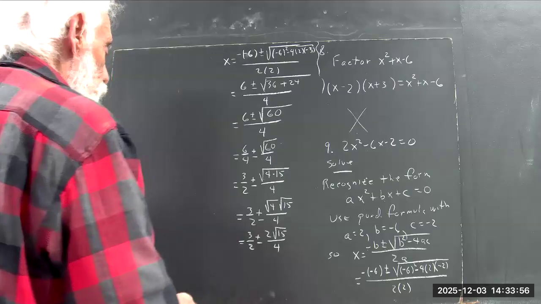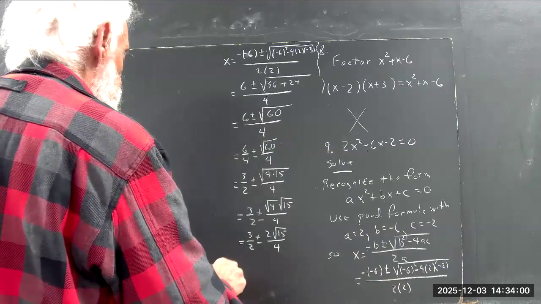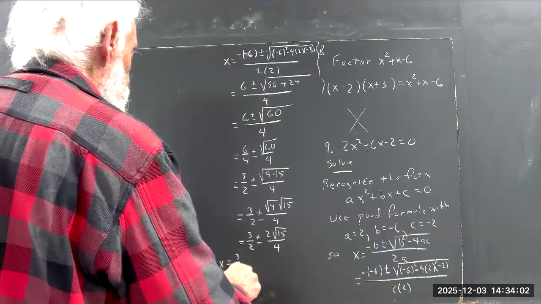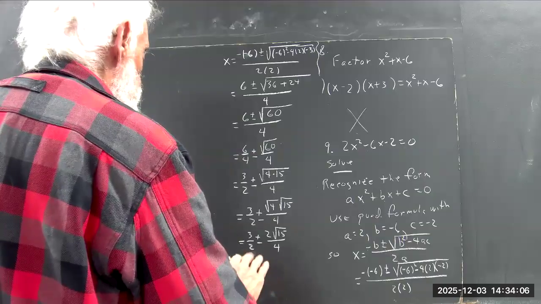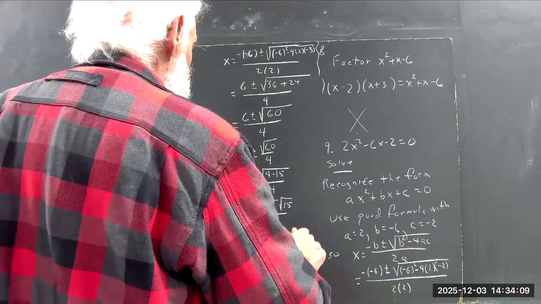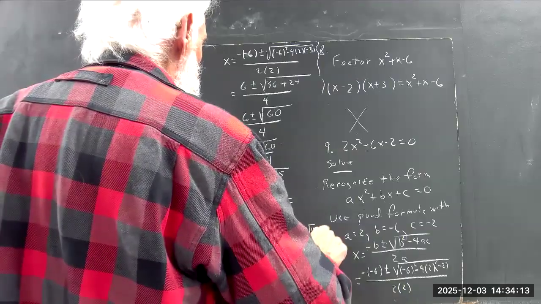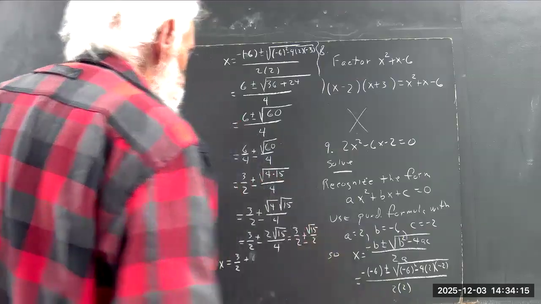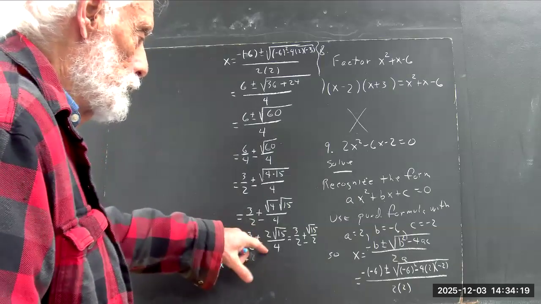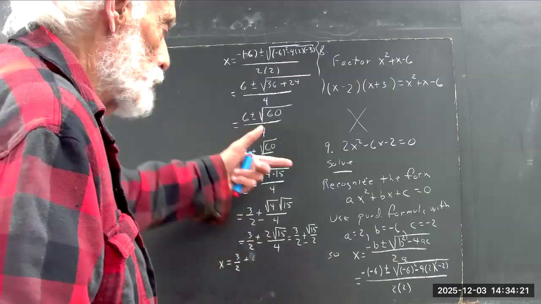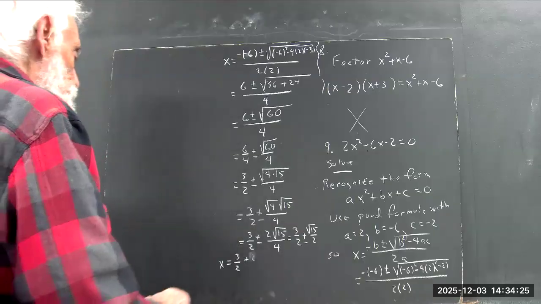And there's our answer. You say x is 3/2 plus, well, if we divide the 2 into the 4, we get 2. 2 over 4 is 1 over 2. So we get this form.